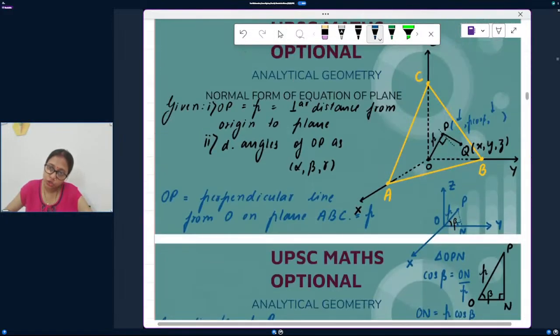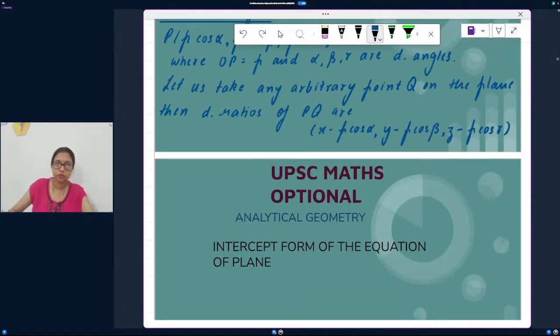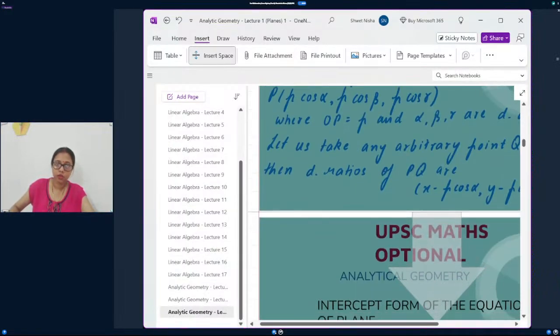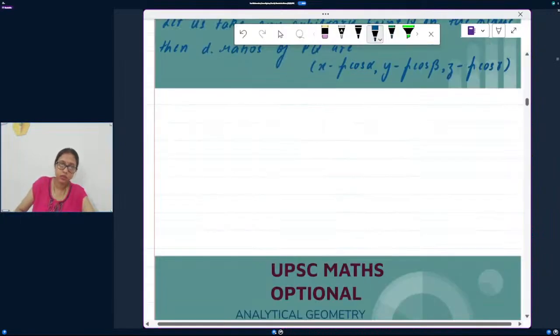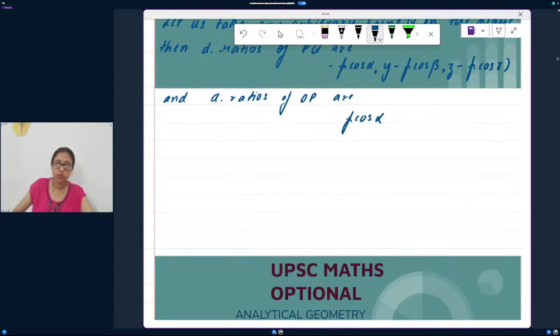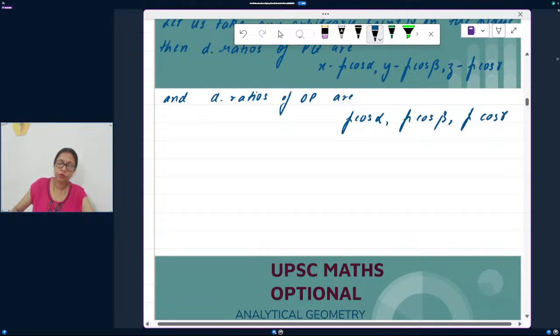And what are the direction ratios of OP? O is 0, 0, 0, and this is p cos alpha, p cos beta, p cos gamma. So I know the coordinates of both points, and the direction ratios of OP are p cos alpha, p cos beta, p cos gamma.